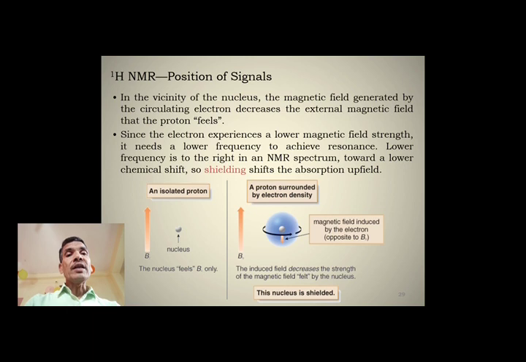Since the nucleus experiences a lower magnetic field strength, it needs a lower frequency to achieve resonance, and therefore lower frequency is to the right in an NMR spectrum, towards a lower chemical shift. So shielding shifts the absorption towards upfield side, that means to the right side, while deshielding shifts the absorption band or signal towards downfield side, that is to the left side of NMR spectrum.